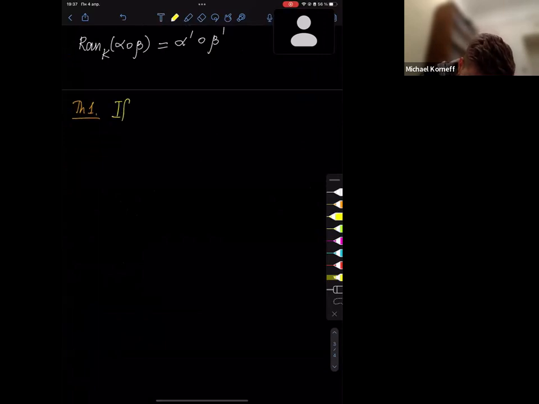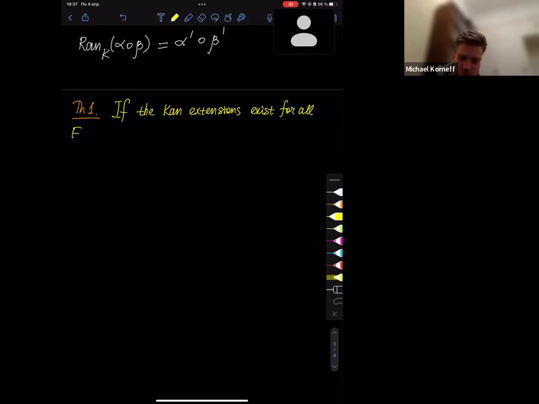If the Kan extensions exist for all functors F between categories C and E, then we have the following adjunctions.